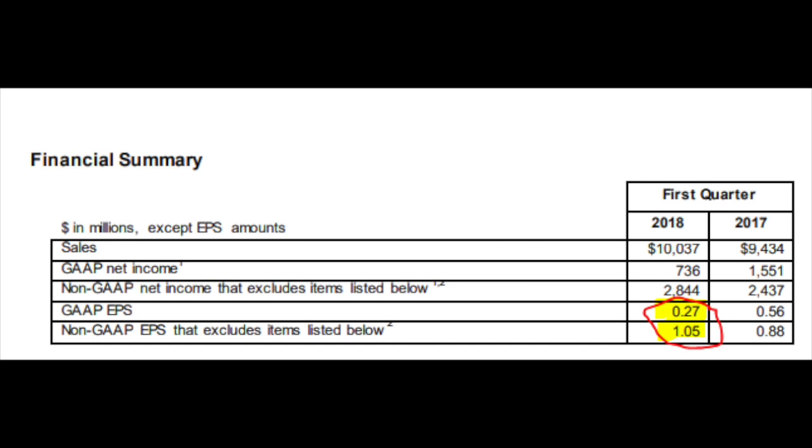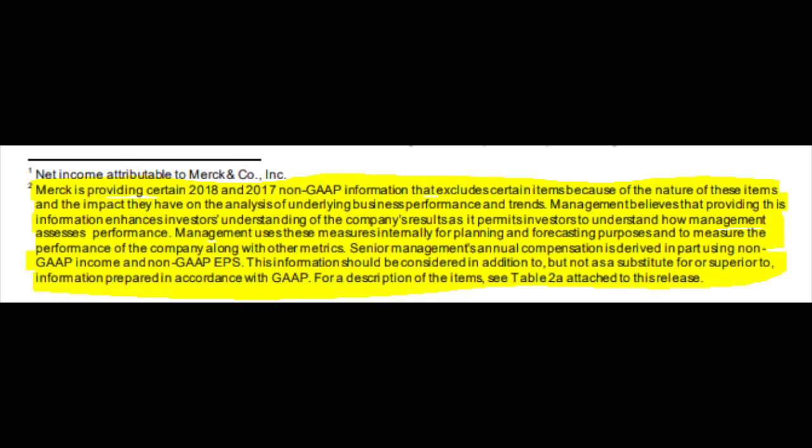Now, what happens there? If we read the fine print, Merck is providing certain 2018 and 2017 non-GAAP information that excludes certain items because of the nature of these items and the impact they have on the analysis of underlying business performance and trends. Management believes that providing this information enhances investors' understanding of the company's results, as it permits investors to understand how management assesses performance.